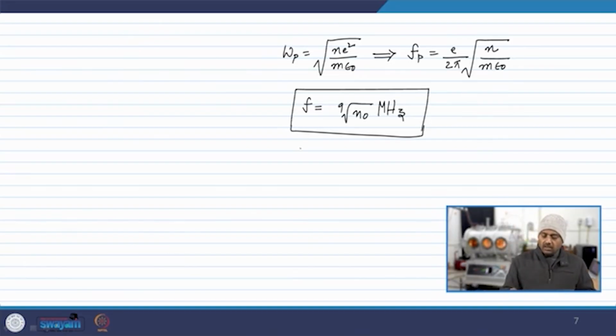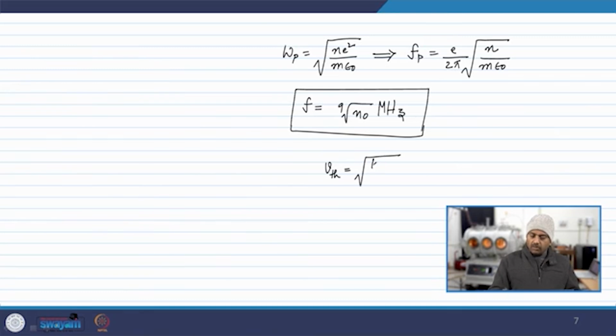Let us say the particles, of course, in order to construct the Debye shielding, the particles should have some thermal velocity, because otherwise if it is a cold plasma, the particles cannot move and the shielding effect may not happen. So, let us say there is some thermal velocity of the particle, which we write as V_th.